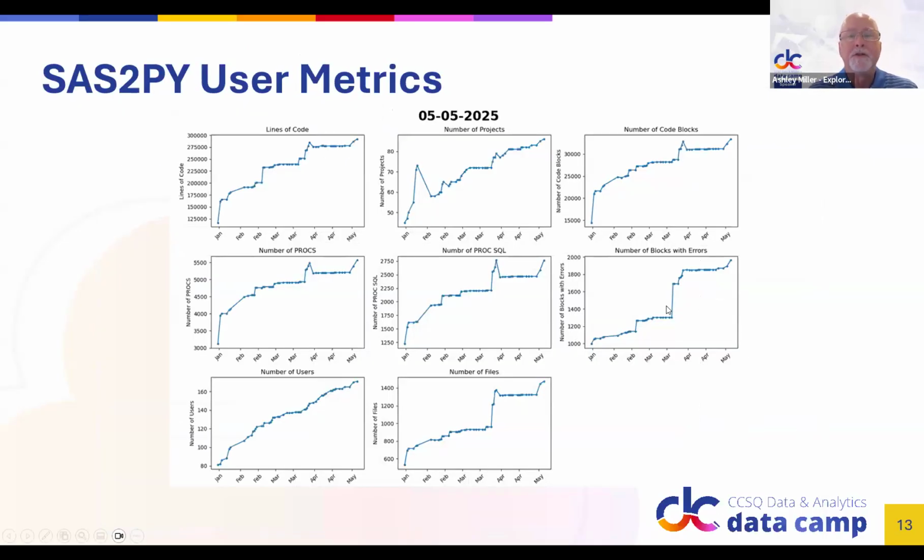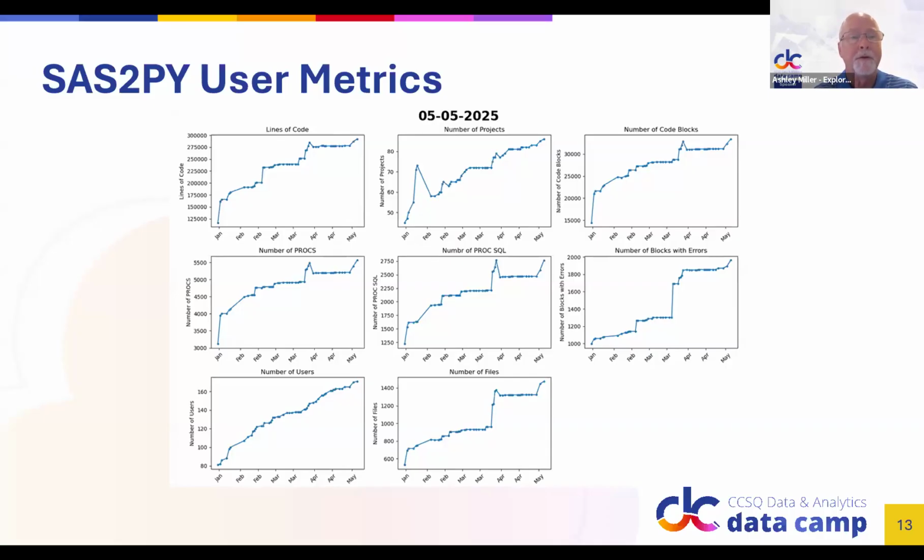So these are the user metrics for SAS2PY since it was first deployed at CCSQ back in January. You can see the increase in the number of users. We're capturing these metrics across SAS2PY, so you can see how it's increased since January: number of users, number of files, number of projects, number of code blocks.